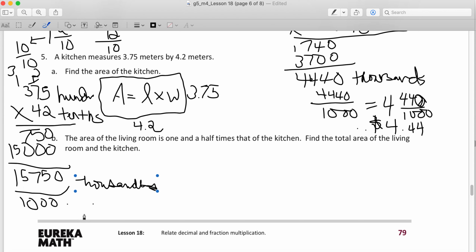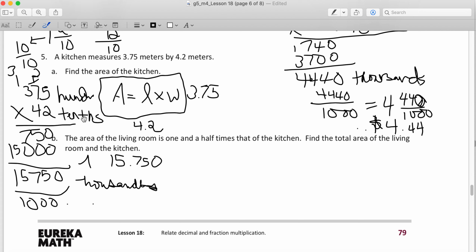Look at that. So then this becomes what? 15 and 750 thousandths. Okay? And that's the area. That's why this stuff is a little tricky. So I went from hundredths to tens.